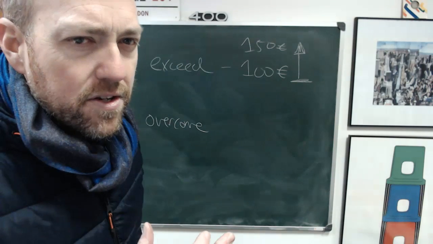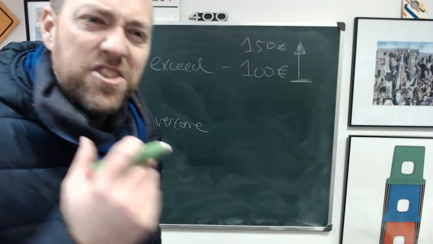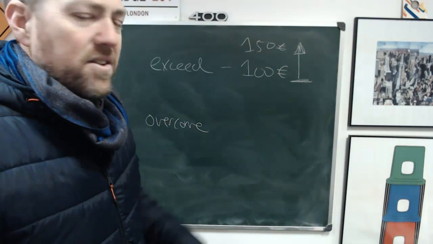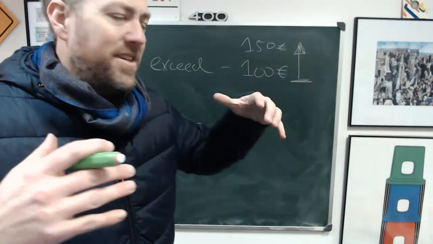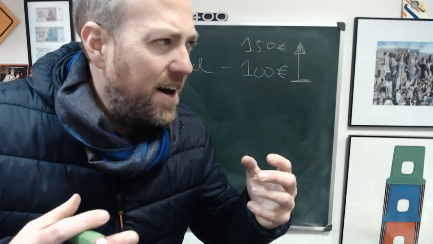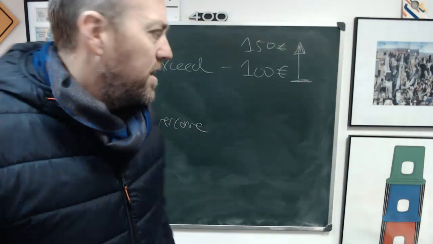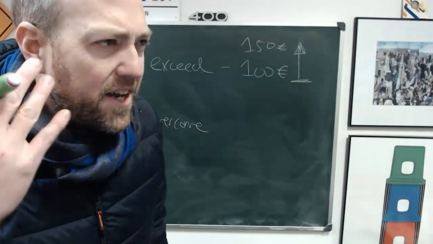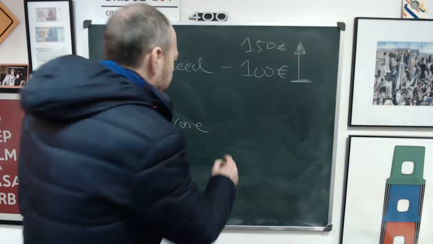Overcome is different. Overcome is used to talk about something difficult, problems, things which are difficult to do. Okay, so overcome, you can think it's more like a mountain.